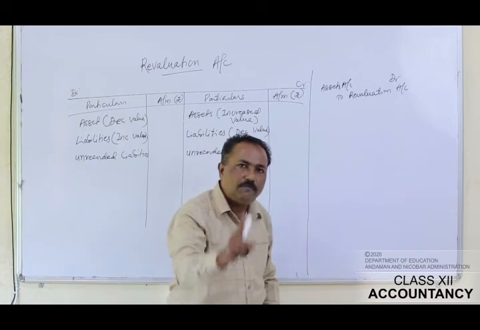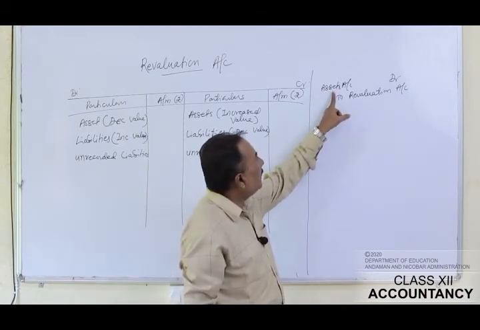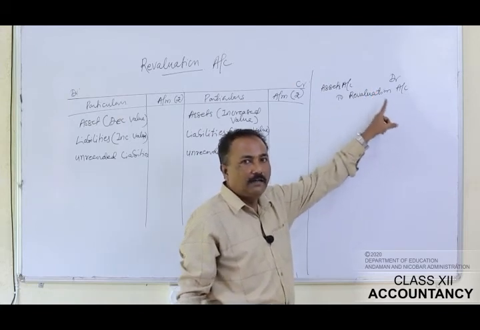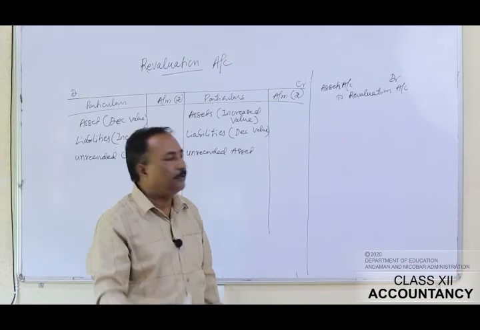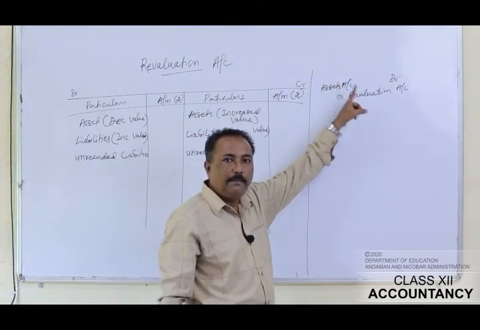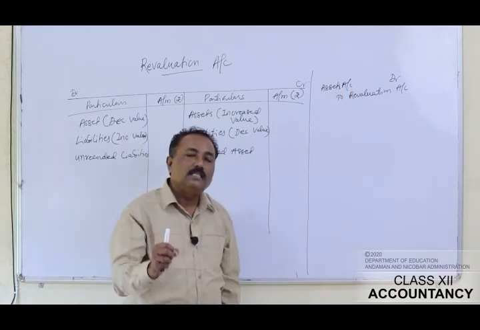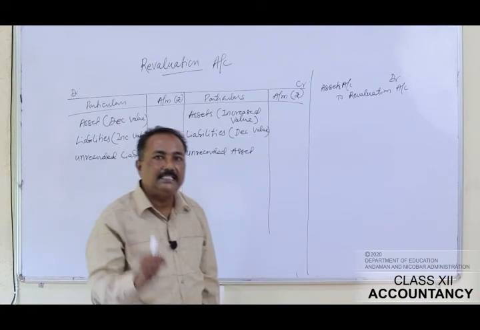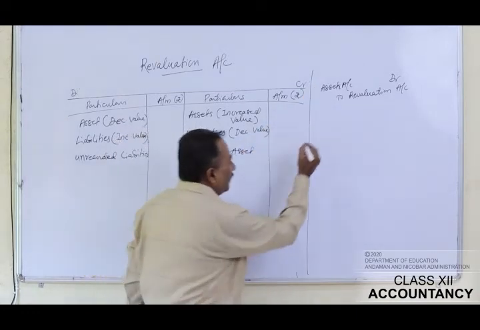If the value of land and building has increased, then you write land and building account debit to revaluation account. If the value of stock has increased, you write stock account debit to revaluation account. Now suppose the value of assets has decreased, then in such case the reverse journal entry will take place.